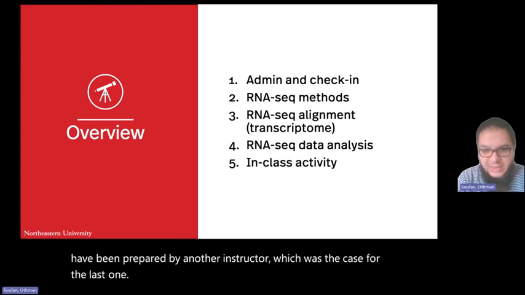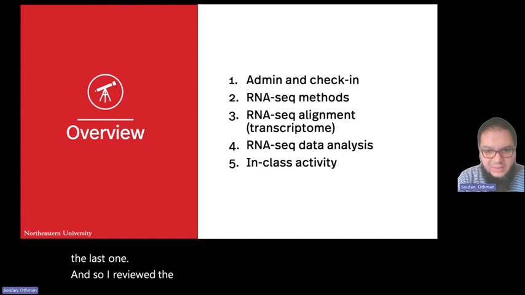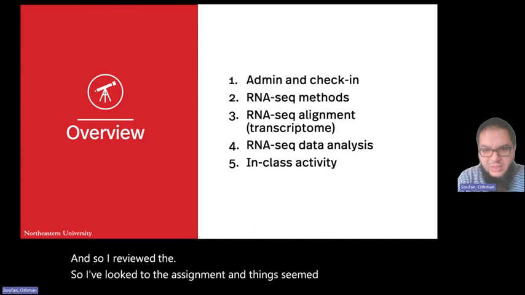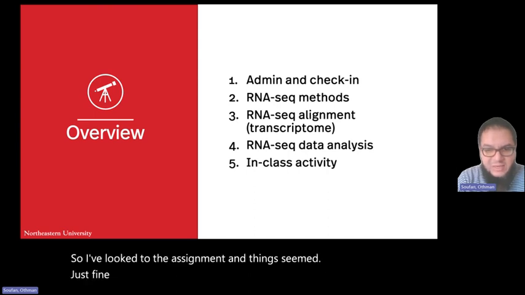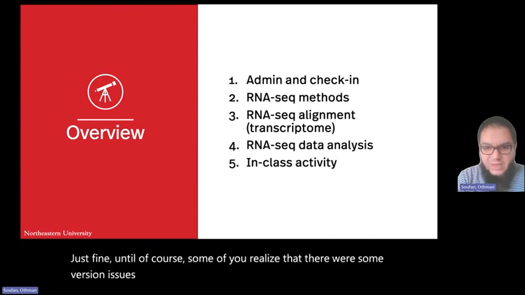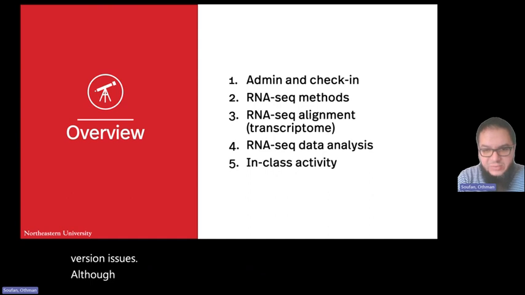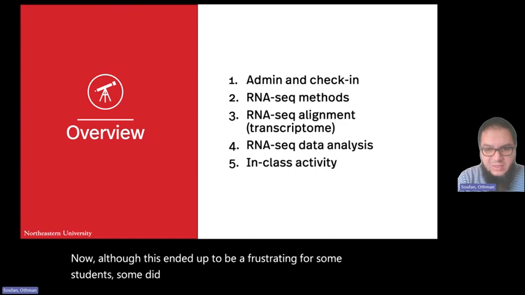I looked at the assignment and things seemed just fine, until, of course, some of you realized that there were some version issues. Although this ended up being frustrating for some students, some did overcome this by looking at the documentation and trying to fix the issues.